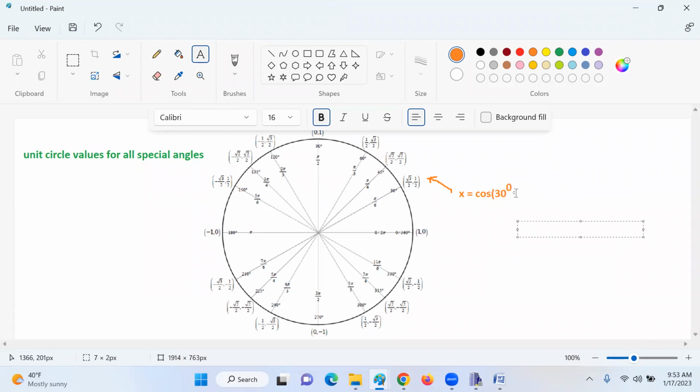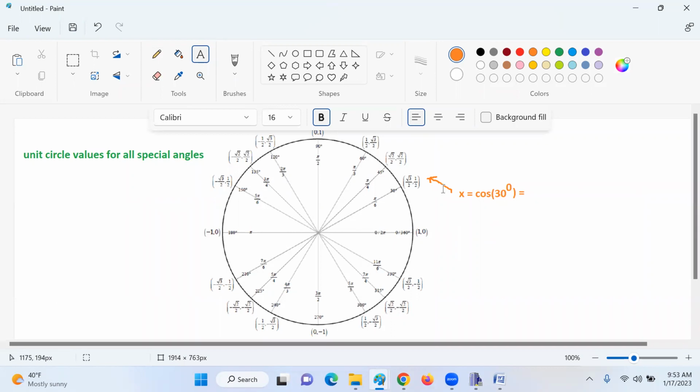So this one equals what, people? Everybody can see that? This one equals radical 3/2, correct? Are we good? Yeah. The x-index is the cosine of 30 degrees, and that would be radical 3/2.